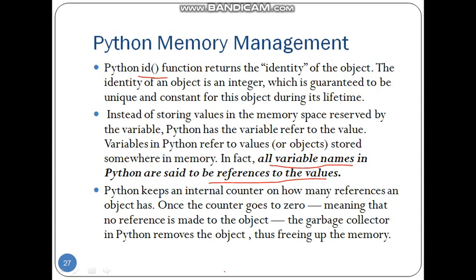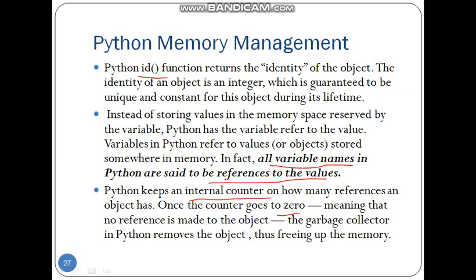Then it also keeps an internal counter which shows how many references to a particular value or object are there. When that counter becomes 0, that means no objects are referring to that particular value, no variable referring to that.